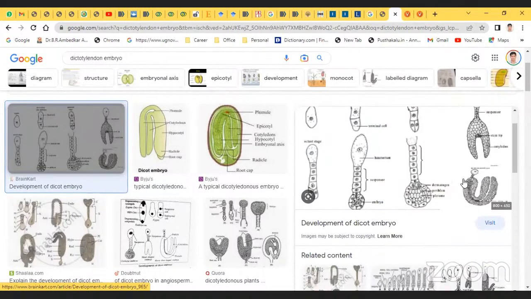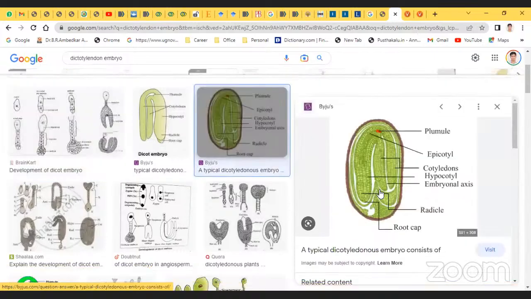These are some stages. Finally we get this type. This is the dicotyledon embryo. It consists of plumule, epicotyl, cotyledons, hypocotyl, embryonal axis, radicle, and root cap. This is the dicot embryo, right?